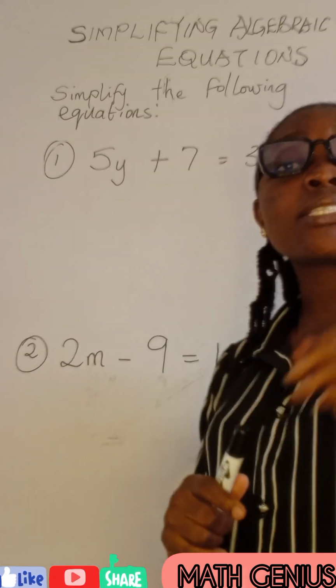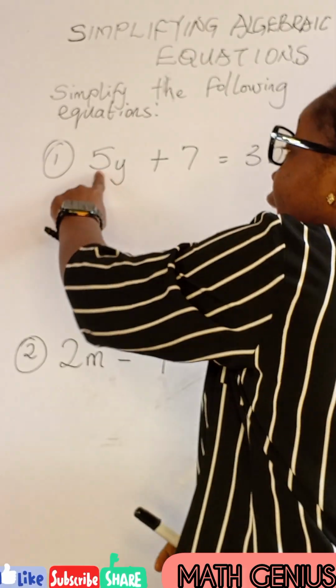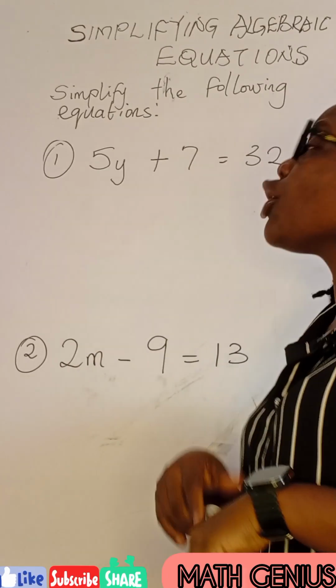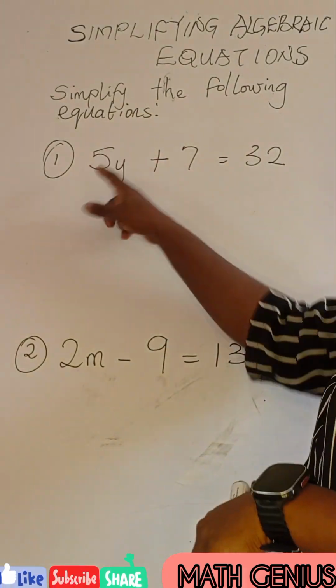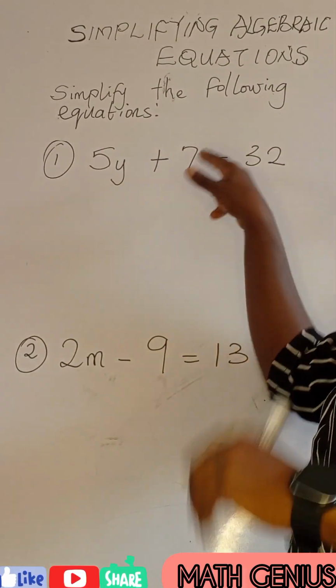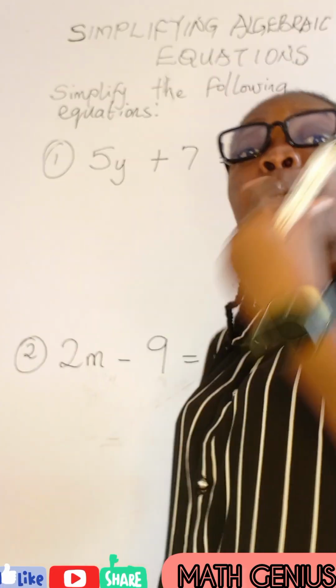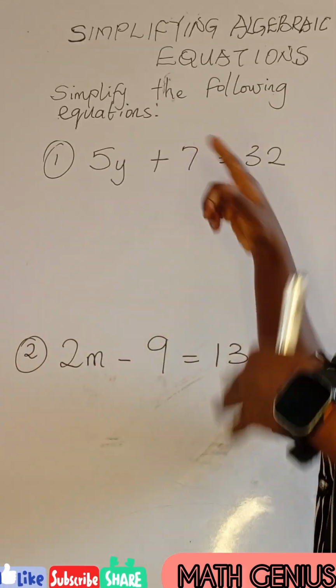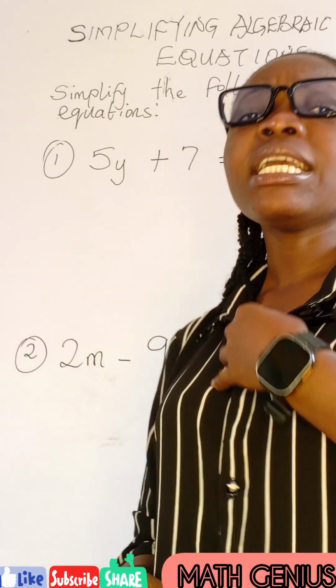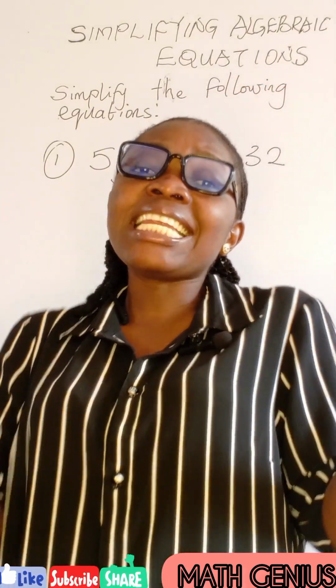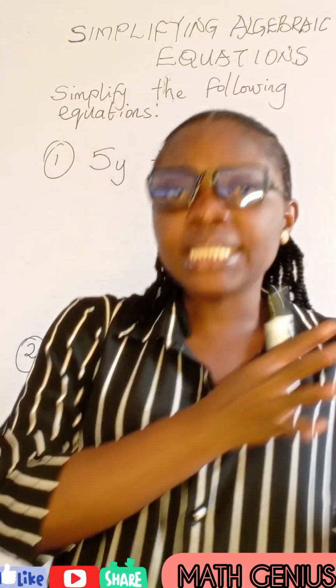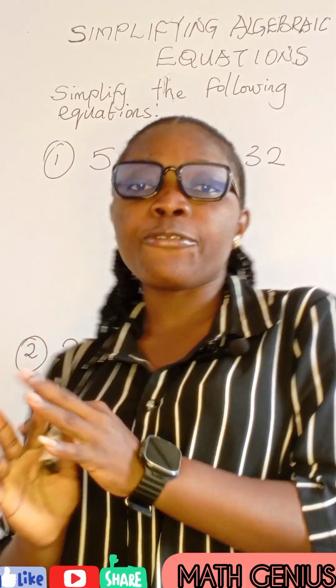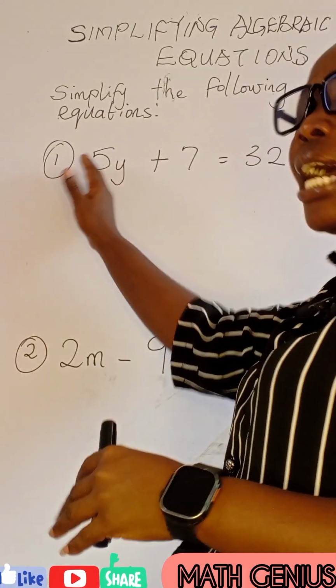The algebraic term here is 5y. So the number close to the algebraic term is a positive 7. Positive 7 means plus 7. So this is my concern right now. I'm going to find a possible means of removing the positive 7 from the 5y.